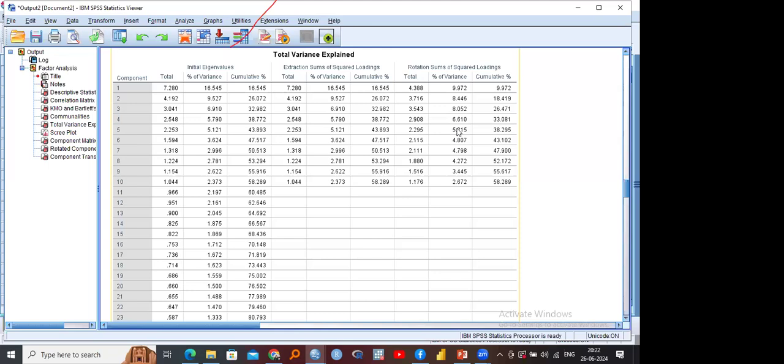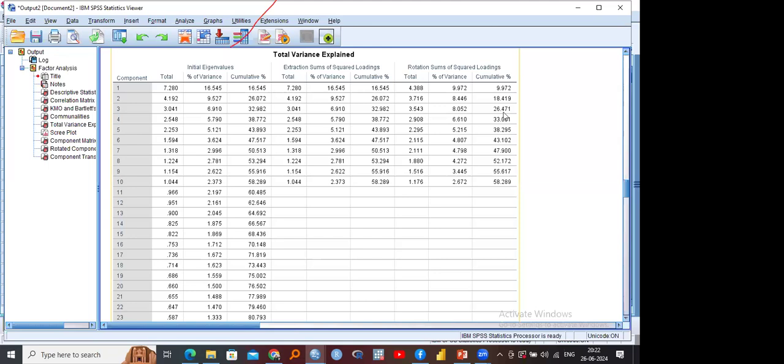So if you see here, how much is the total variation? Can anybody write in the chat box? What is the total variation that your factor analysis is able to explain? 58.289. Very good.